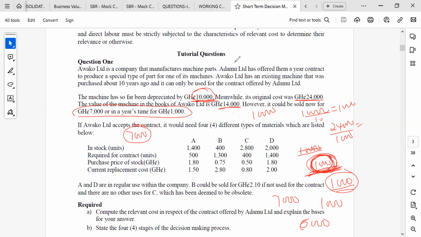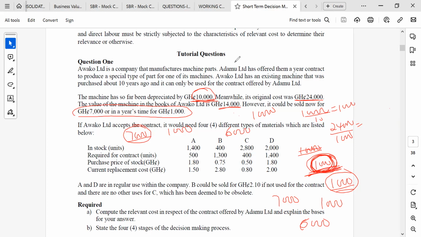So you assume that you are going to be paying 1,000 for the machine that you'll be hiring. So you are going to sell a machine for 7,000 and hire an additional machine for 1,000. So it means that you'll be realizing 6,000 from the machine, isn't it? Do you agree to that? Yeah. Okay, if you agree to that, that is fine.